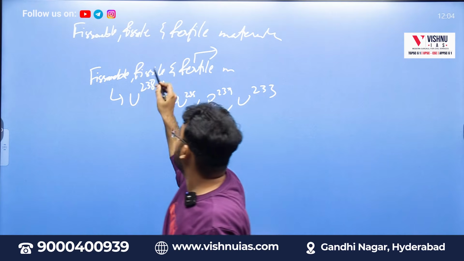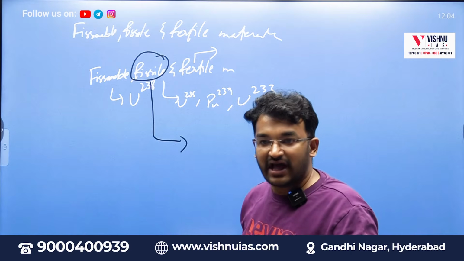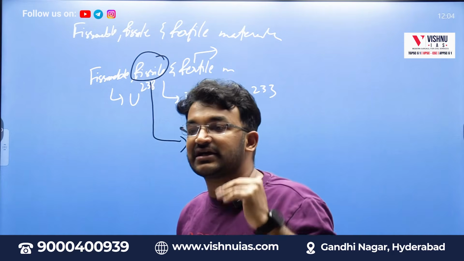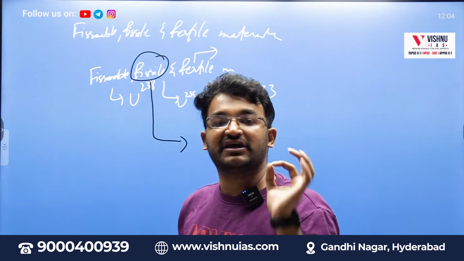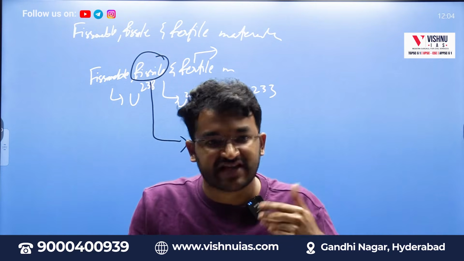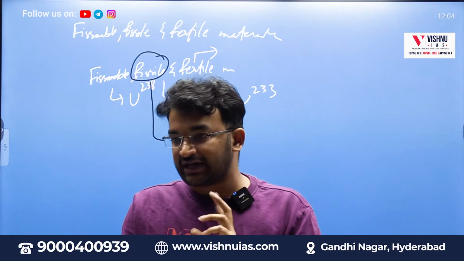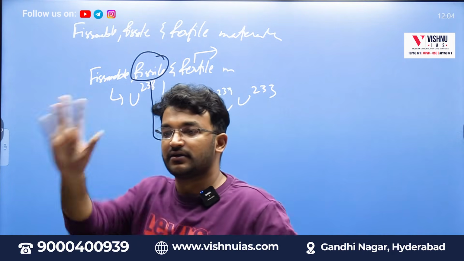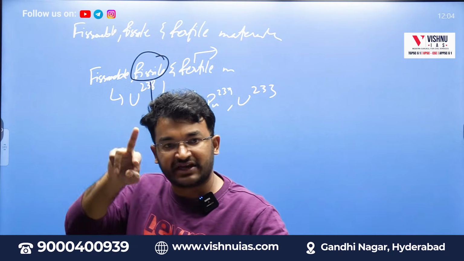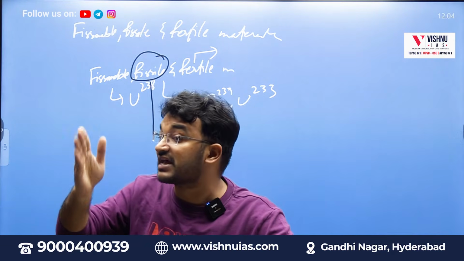Now first of all, what are these fissile? Fissile materials are those materials which can lead to nuclear fission, generate nuclear energy when we hit with a neutron. Example uranium 235. If I am hitting uranium 235, it will be broken down into barium and krypton, and energy will be produced, and we can use that energy. That is called fissile material.